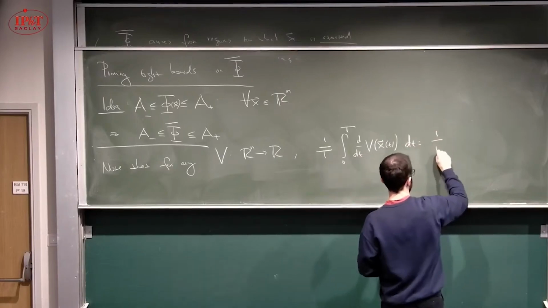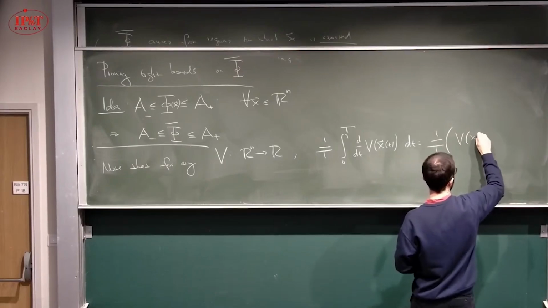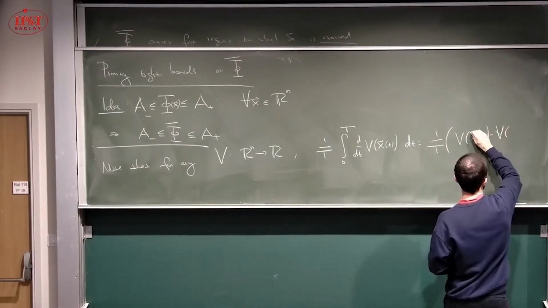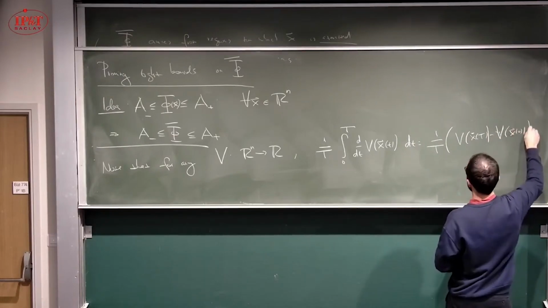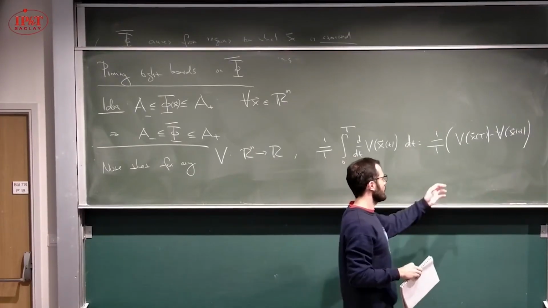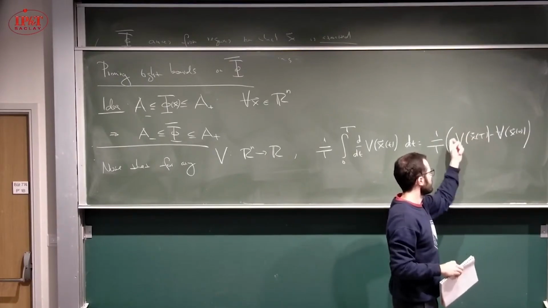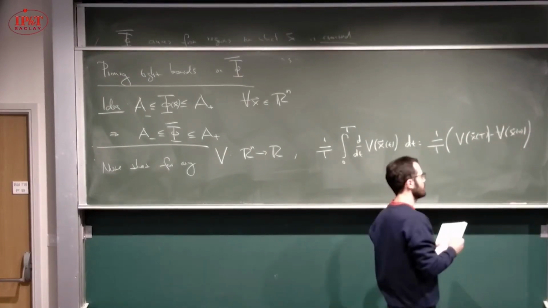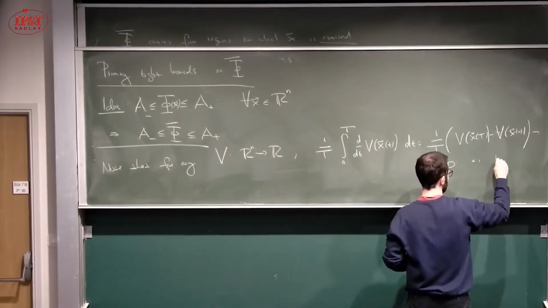Well, this is the same thing as 1 over t, v at t minus v at 0. And well, under the assumption x stays in some bounded region, so this thing never goes to infinity, this thing is some constant. So as t goes to infinity, this goes to 0.